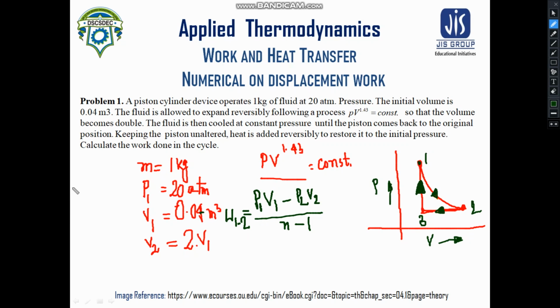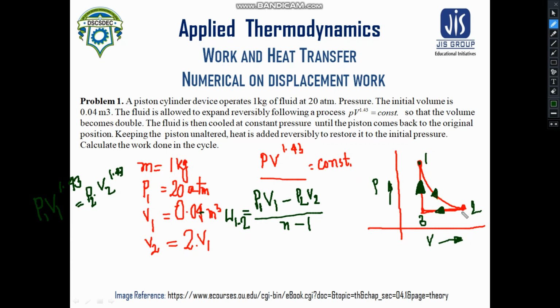Now you also know that P1 V1 to the power 1.43 is equal to P2 V2 to the power 1.43. I think there should be no question about this statement, because you know PV to the power 1.43 is constant.